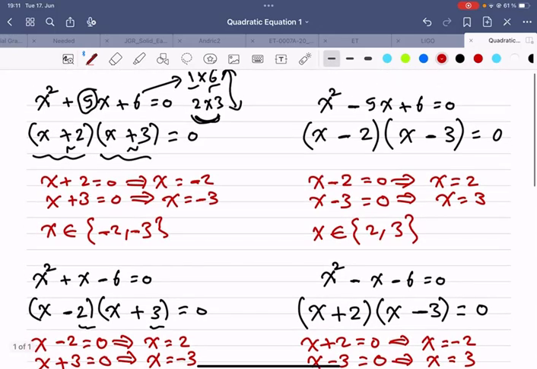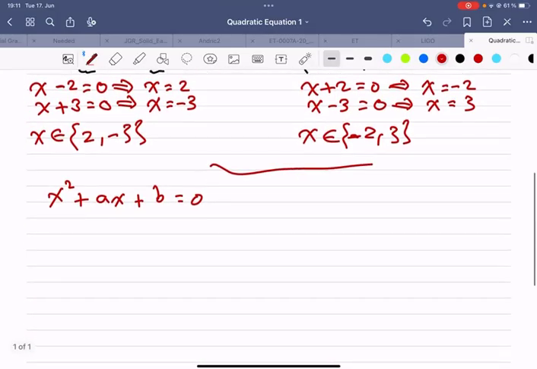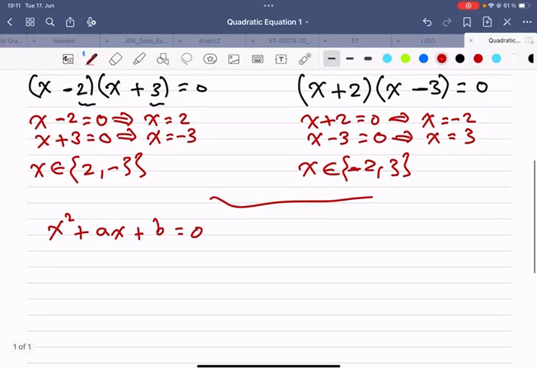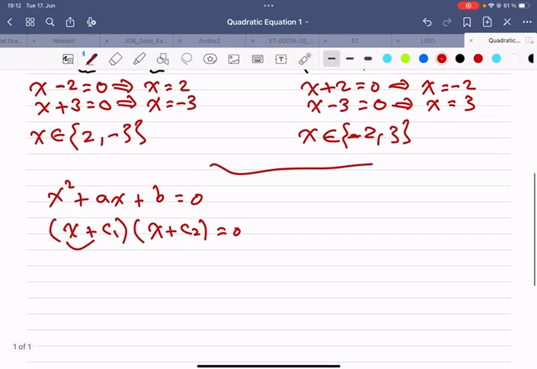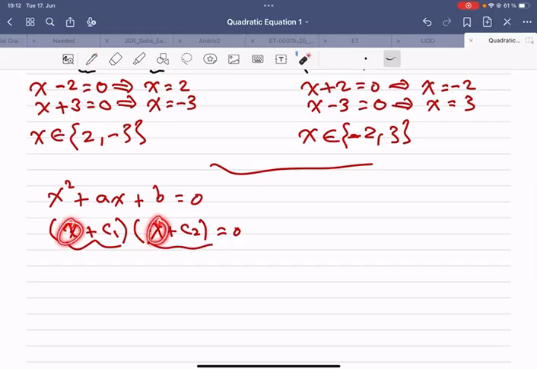Now, this is an additional part if you want to watch. How can I know that this is negative or positive? It's easy. (x plus c1) multiplied by (x plus c2) equals 0. If you multiply this by this, x multiplied by x gives you x squared.